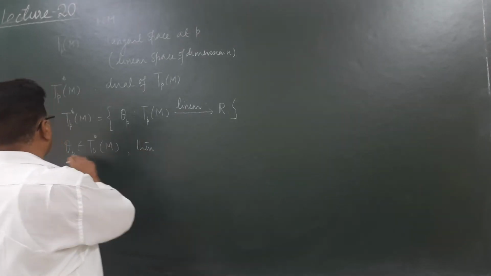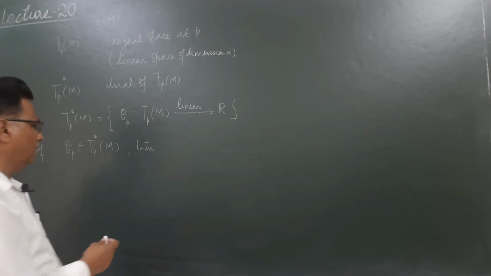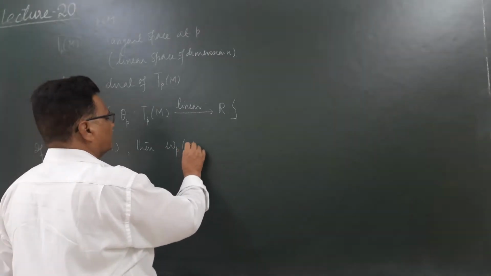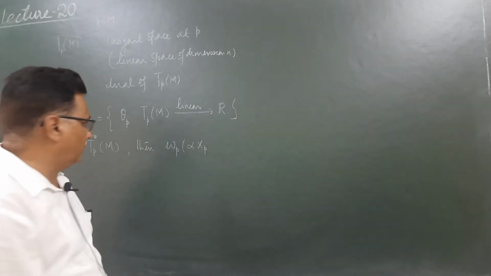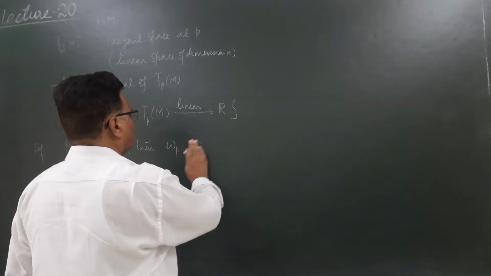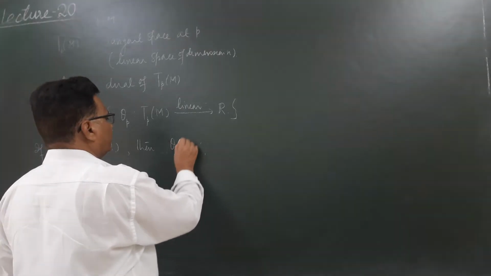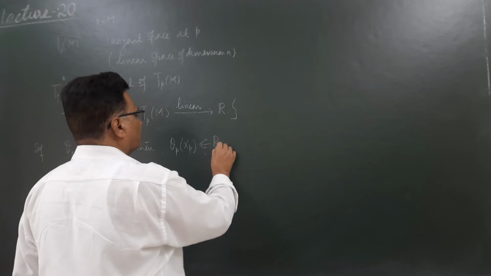Theta p will be a linear map from TpM to R, and it will satisfy the following conditions. First, theta p operates on tangent vectors to produce real numbers.